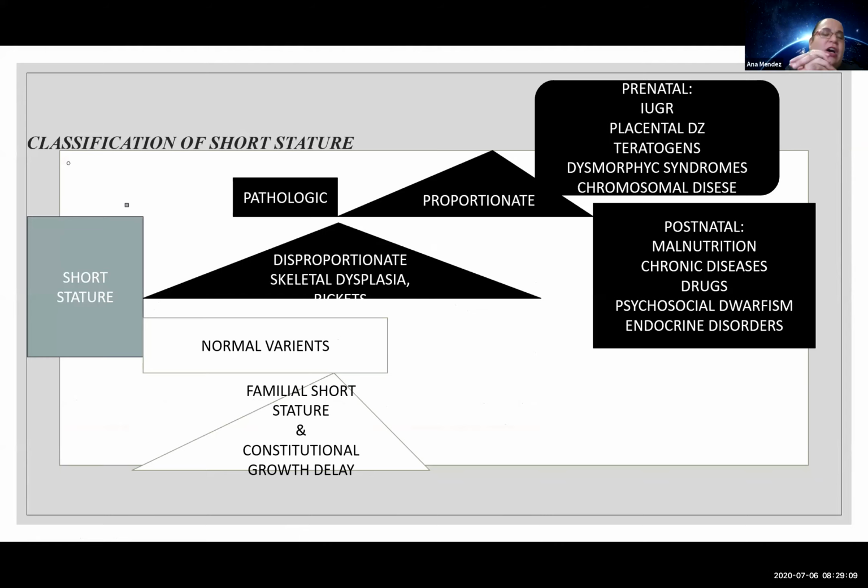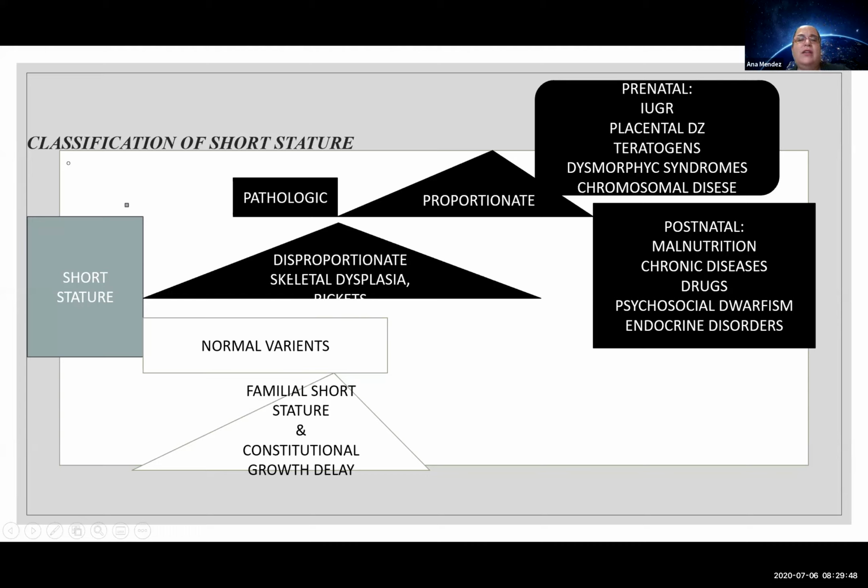If you get a child who's short, first you have to determine whether it is a disproportionate skeletal dysplasia or rickets, or a normal variant. If it is pathological and proportionate, see if they had perinatal IUGR, placental disease, teratogens during pregnancy for the mother, or if they have a dysmorphic syndrome like Down syndrome or chromosomal disease, right?